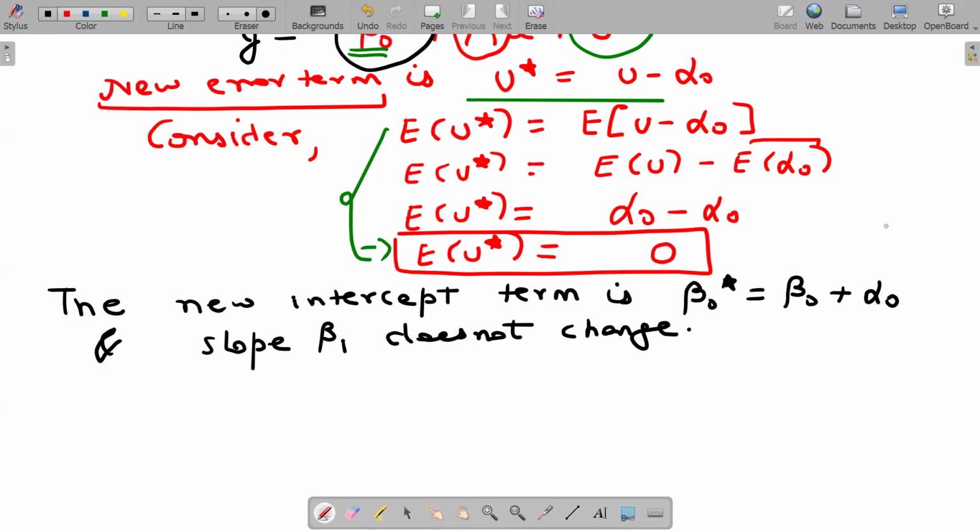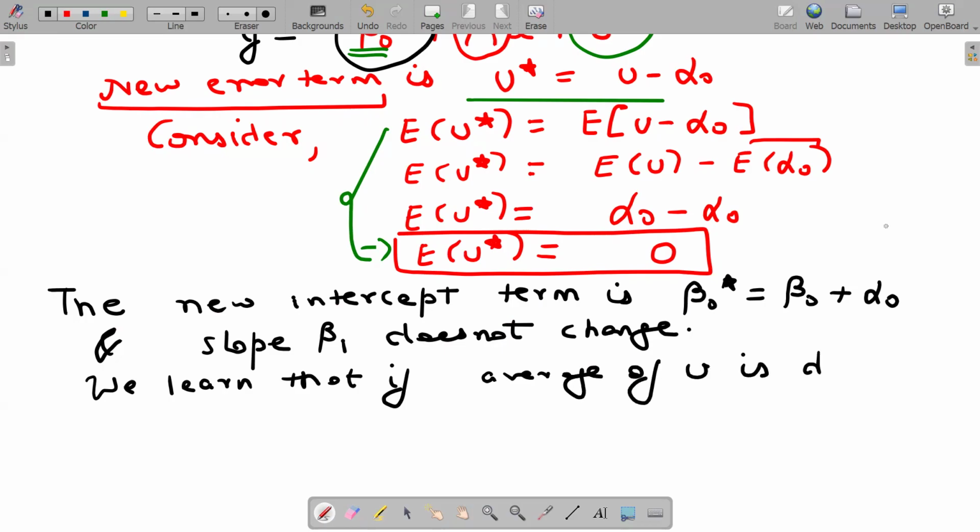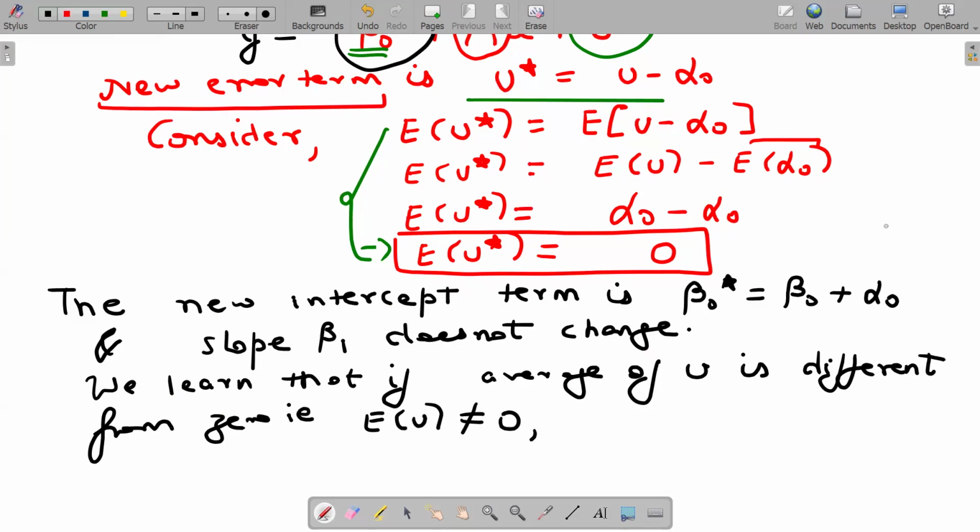So what do we learn? We learn that if the average of u is different from 0, that is, if the expected value of u is not equal to 0, we just adjust the intercept term, which is what we did.